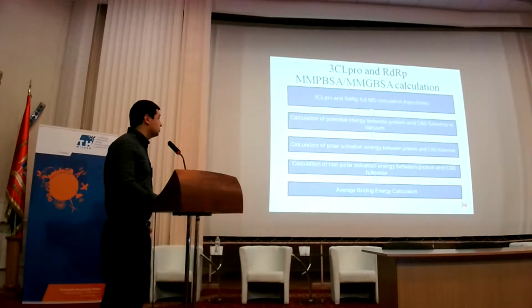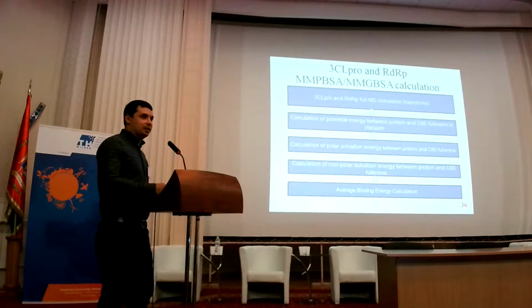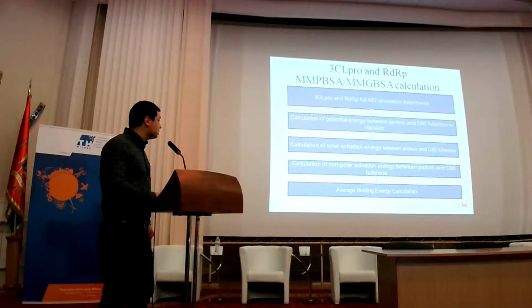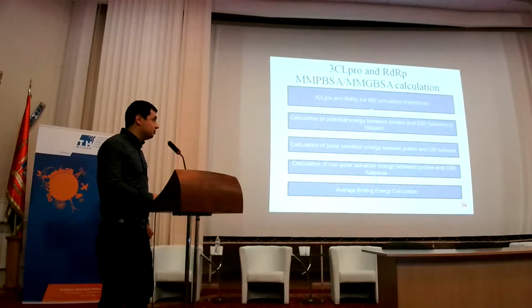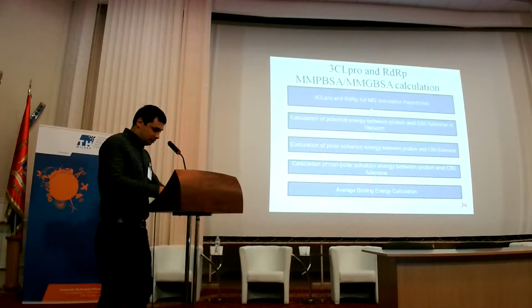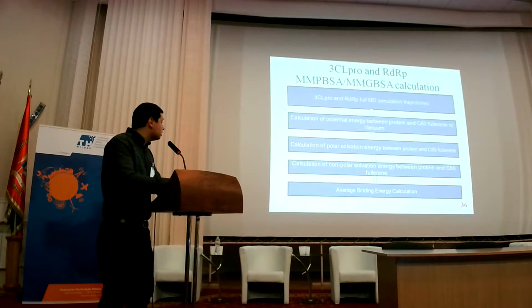In the first stage we take the full trajectories of the MD simulations, then for each trajectory and each snapshot of each trajectory we calculate the potential energy between protein and carbon-60 fullerene in vacuum, then calculate the polar solvation energy between them, then the non-polar solvation energy, and based on those energies we calculate the binding energy, the Gibbs energy.